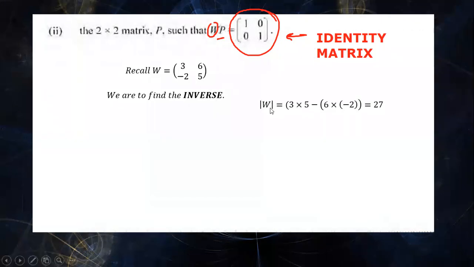So first we're going to find the determinant of W. The determinant is going to be 3 by 5 minus 6 by negative 2. I always advise that you put brackets after the minus sign, and input it exactly as you see it into the calculator, and you will get the proper answer, right? Because the minus sign tends to make things complicated.